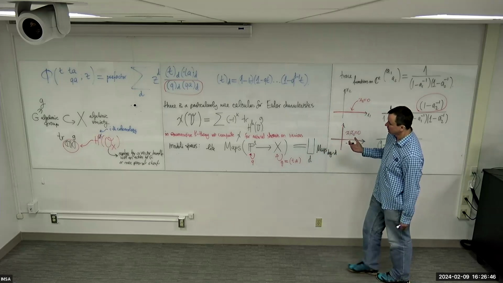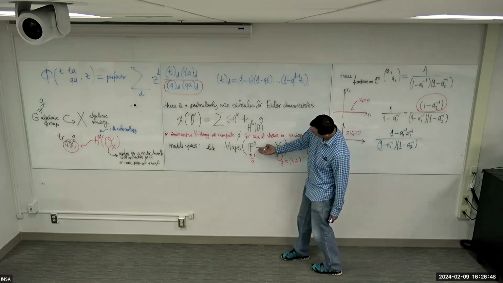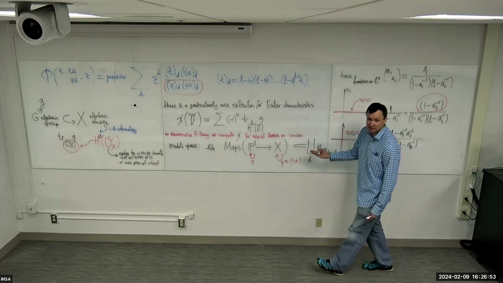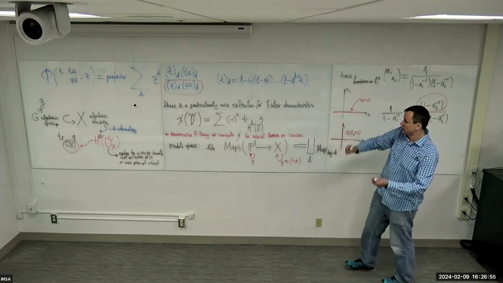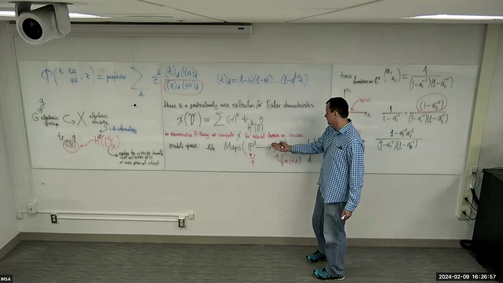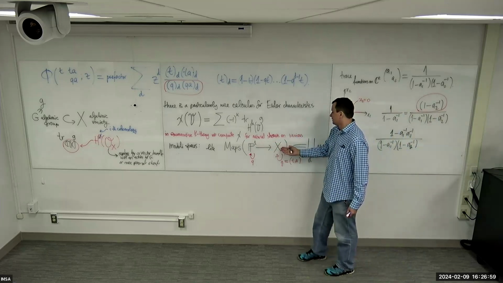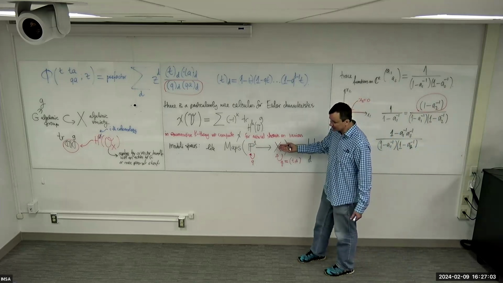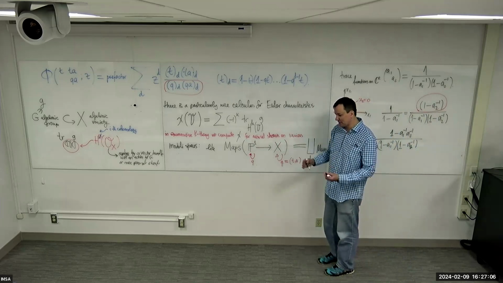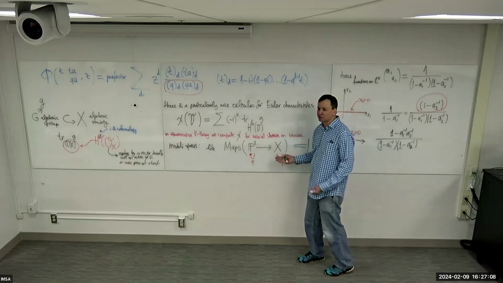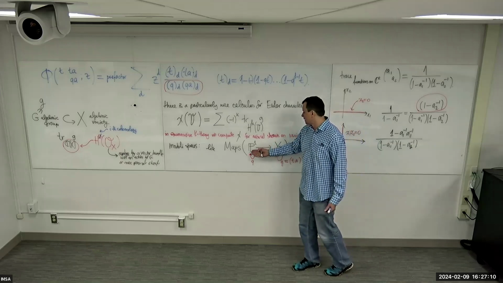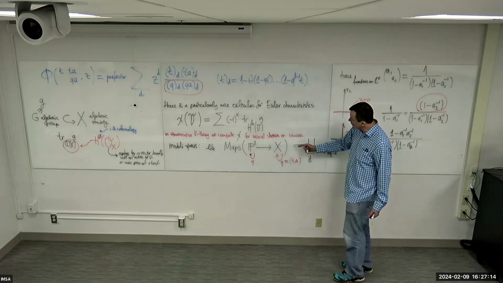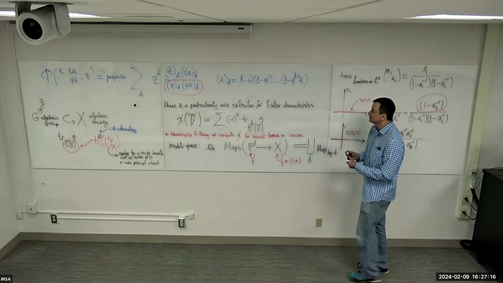So if you fix a map of a P1, this is the image of that as a curve in X. And this has a degree, namely, for instance, if X sits in some ambient projective space, that means this would be given by a polynomial of a certain degree. And if I fix the degree, that's a finite dimensional algebraic variety. And so this is a union of finite dimensional algebraic varieties.